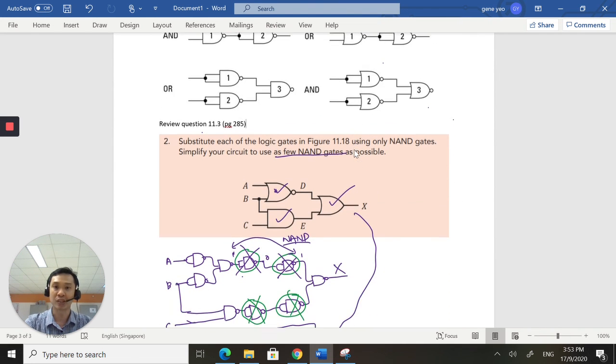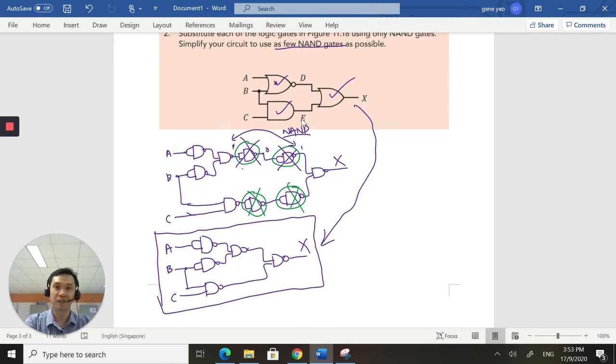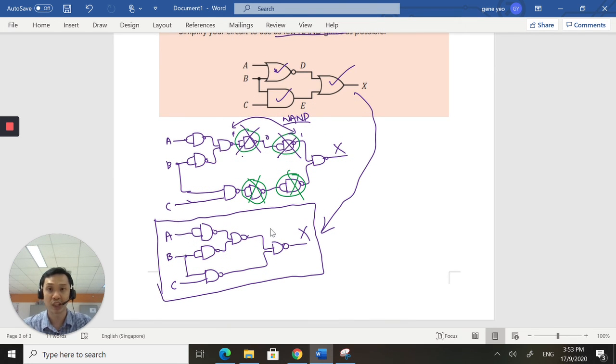Next, you must know how to draw the equivalent of different circuits using universal gates, and you need to know how to simplify them. Basically, whenever you see two NOT gates, one after the other, they can be cancelled off, simplifying your circuit. Okay, so this is the video about universal gates.